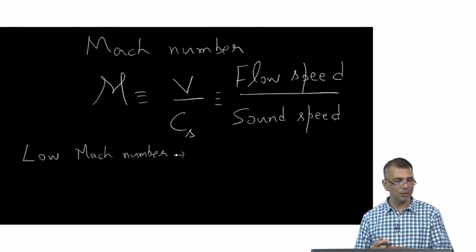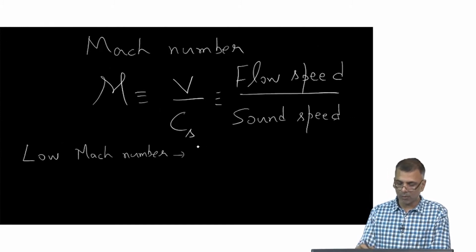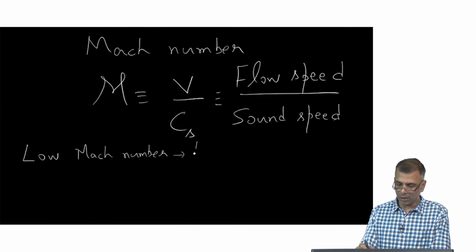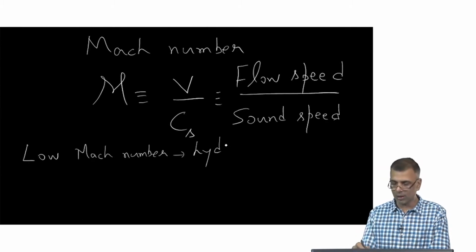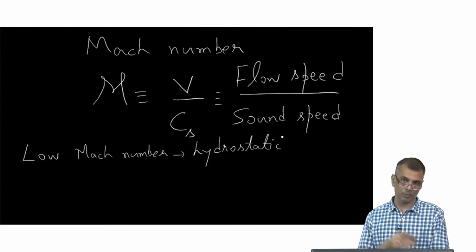And low Mach number situations can be considered to be hydrostatic. In other words, the inertial term is not that important, so the flow can be, to a good degree, depending upon how low the Mach number is, of course, considered to be hydrostatic, even though there's a flow.